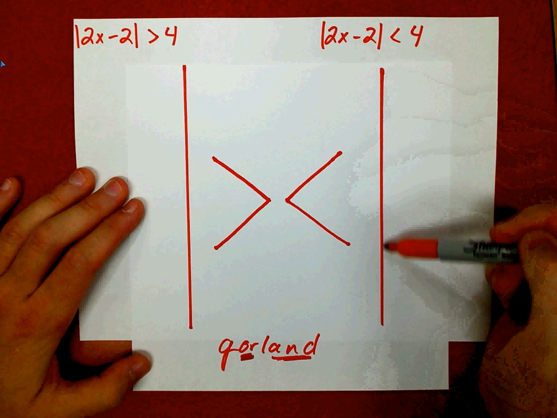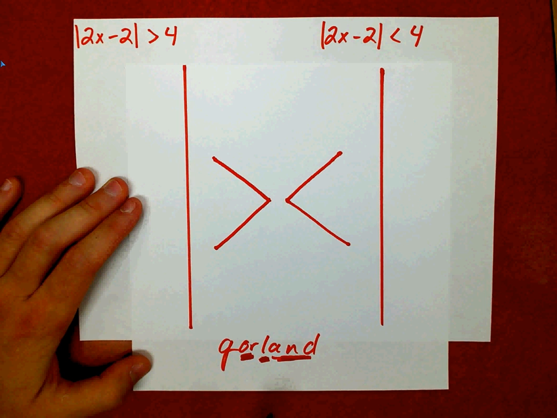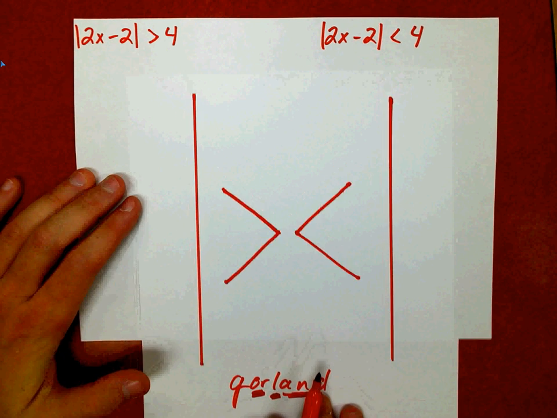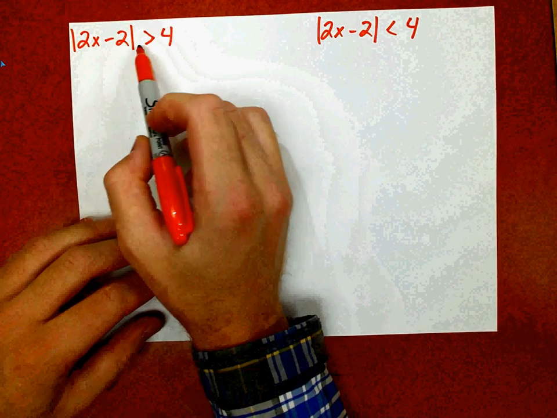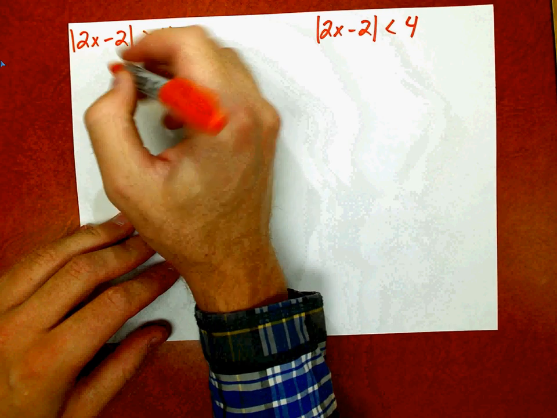But if the absolute value is less than, Gorland tells us to set up an intersection compound inequality. So here in this first example, because the absolute value is greater than 4, I'm going to need to set up an "or" statement.